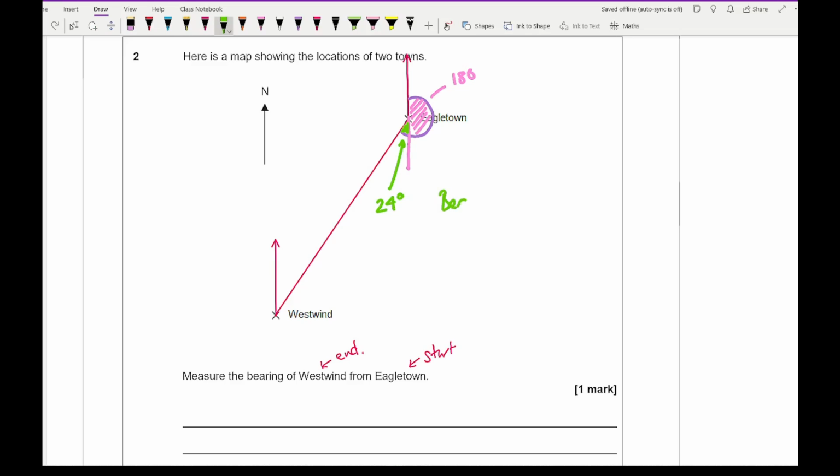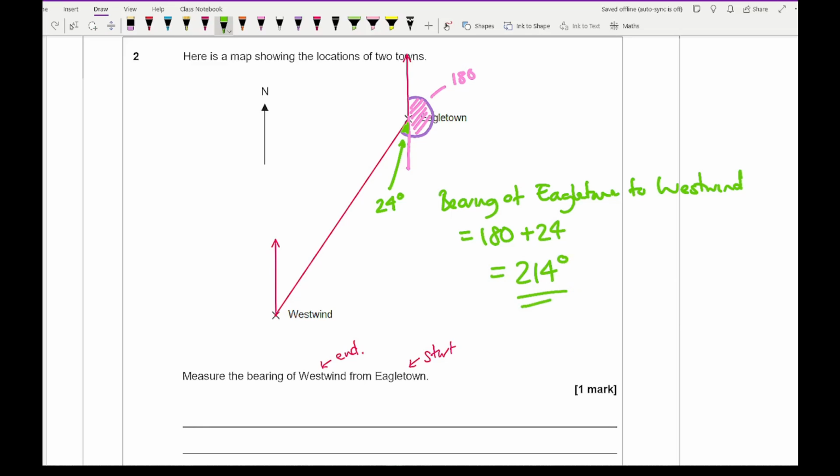So the bearing of Eagle Town to Westwind is going to be equal to 180 plus 24, which gives me an answer of 214 degrees. Depending on your measuring, the mark scheme does allow any answer between 212 and 216 inclusive of those numbers.